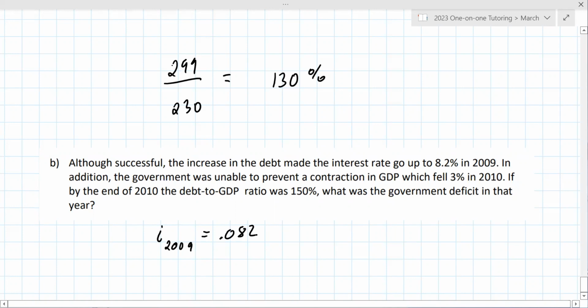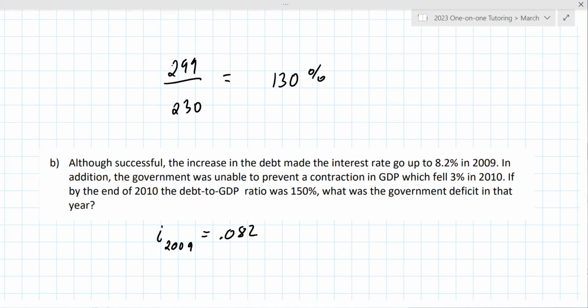Got it. The government was unable to prevent a contraction in GDP, which fell 3% in 2010. Where does that come into play? Not sure. If by the end of 2010 the debt to GDP ratio was 150%, what was the government's deficit in that year?